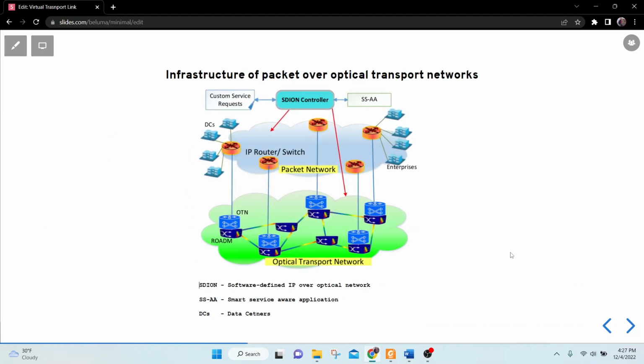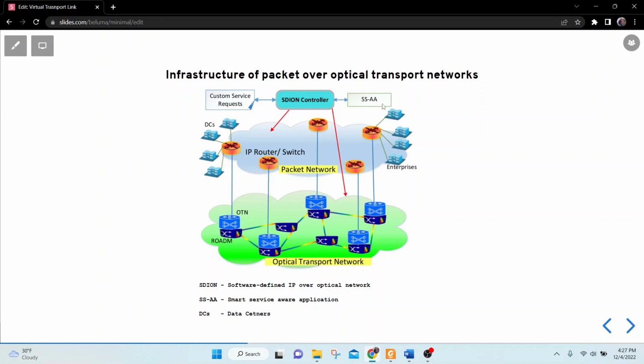This is the infrastructure of the packet over optical transport network. You can see the optical transport network, and you can also see the packet network, and they are controlled by an SDION controller, which is a software-defined IP over optical network controller. We can also see the customer service requests and SDAA.